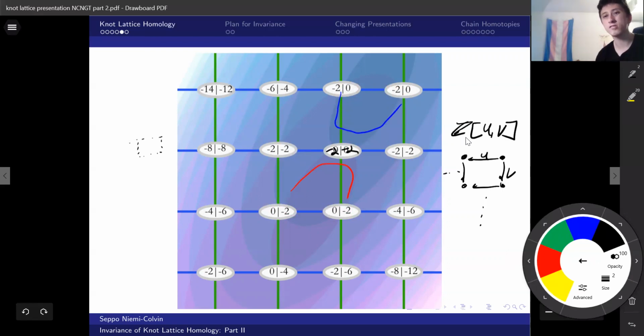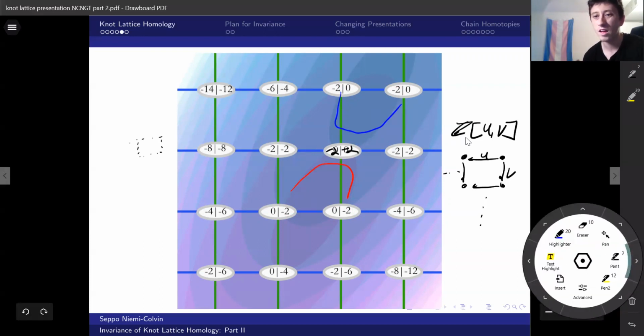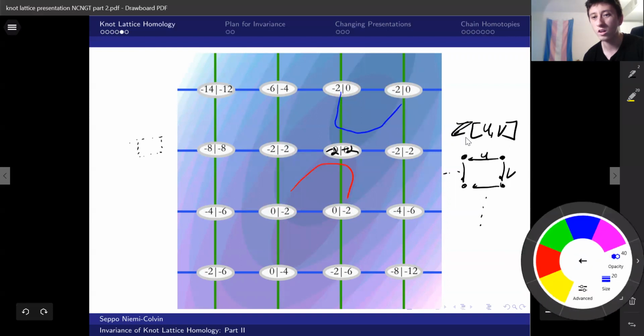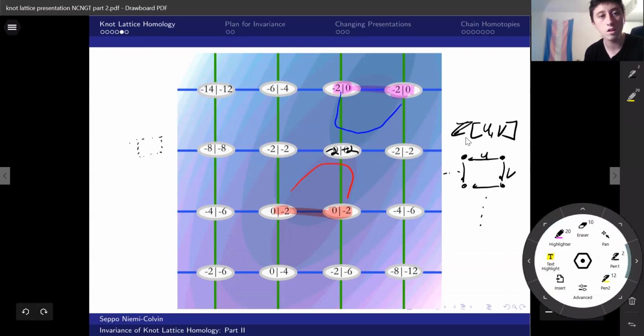It has trivial Heegaard Floer homology, not Heegaard Floer homology. So many homology theories flowing around. And we can then look at 0, -2, picking out this, and -2, 0, picking up that, both of those contractible.